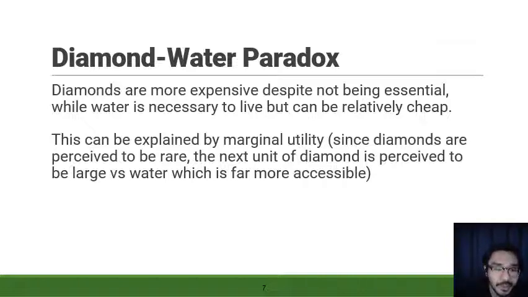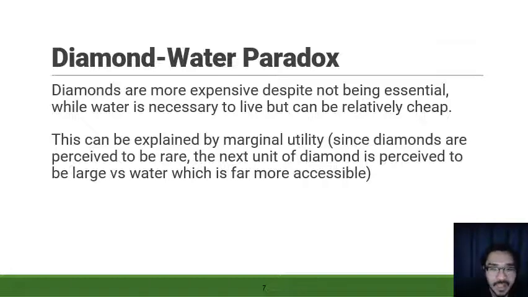So one particular example is what we call the diamond water paradox, wherein when you think about it, diamonds are grossly more expensive than water, but at the same time, it's much less essential. So, you know, you can survive an entire lifetime without owning a diamond, but you can't survive a few months without drinking water, right?